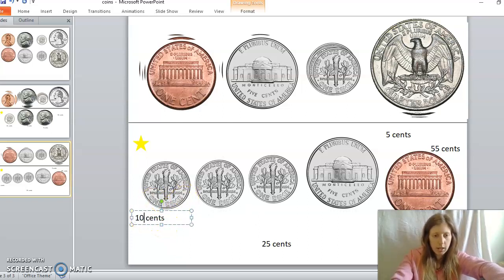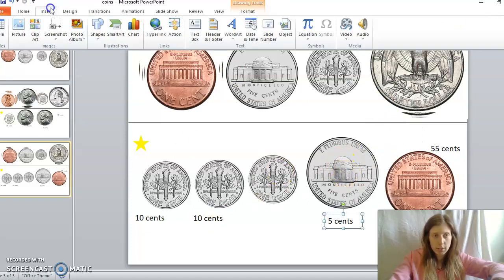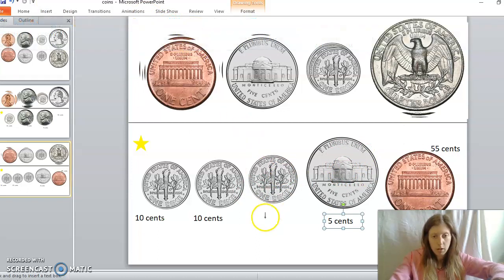So these are really good visuals to help us practice. Again, be careful with your amounts. We're doing it together, but once you start practicing by yourself, you need to be careful because it can get tricky. This is a nickel, and remember, I just have to add one more text box. A dime is going to be worth 10 cents.